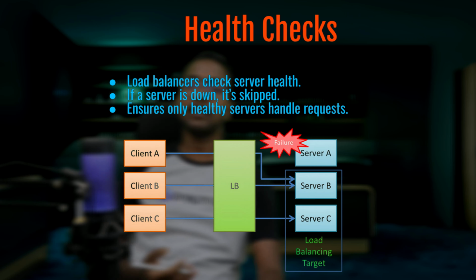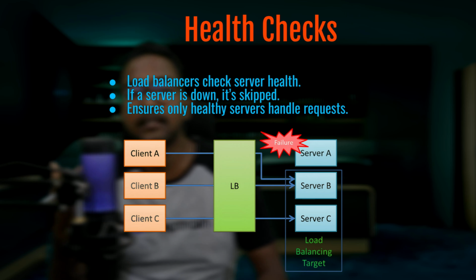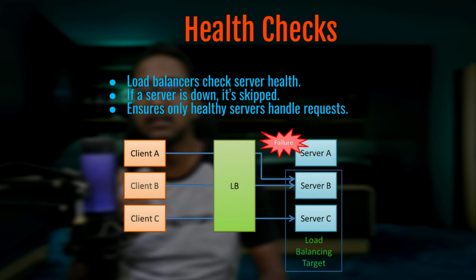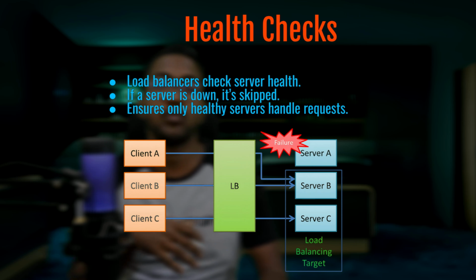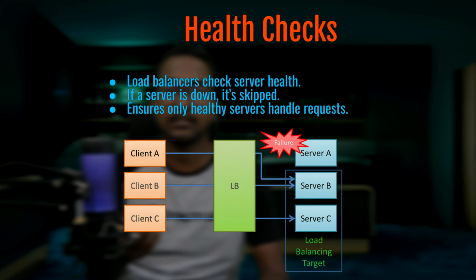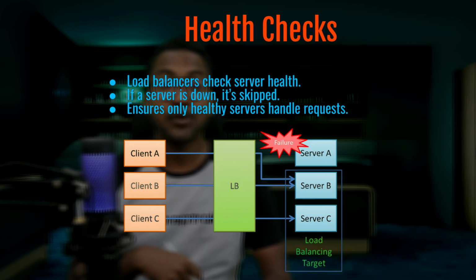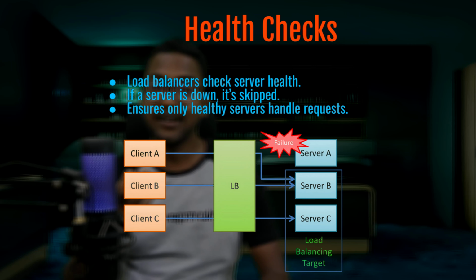By performing continuous health checks, load balancers can quickly identify when a server is not performing as expected, and they can then redirect the traffic to other healthy servers, keeping the system running smoothly.